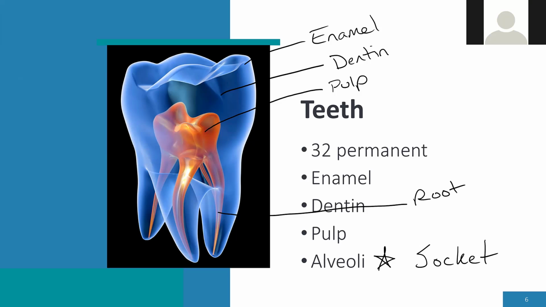And just like we have that space, that sac for the alveoli in our lungs, we have that space, that sac, so to speak, that the tooth rests in. That is the alveoli. So it's a word that 99.9% of the time we use, we talk about the lungs. But it is the same word that's used here to talk about that tooth socket, or where your tooth is actually resting.